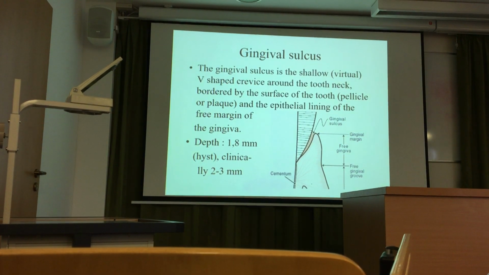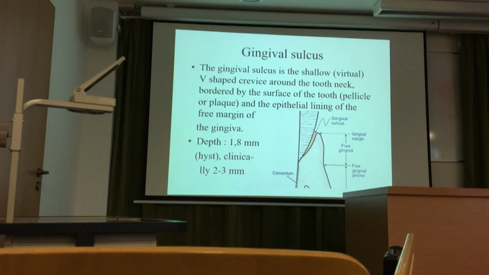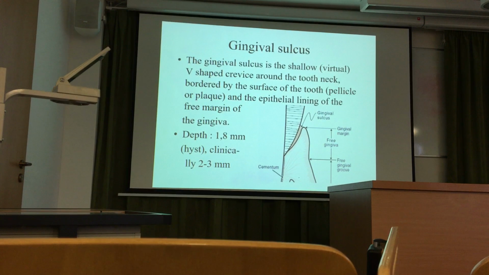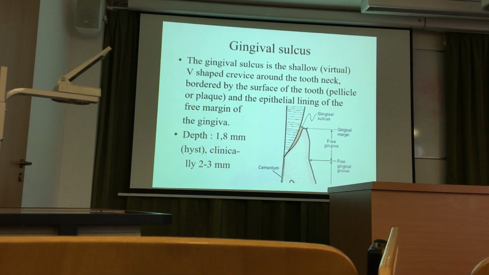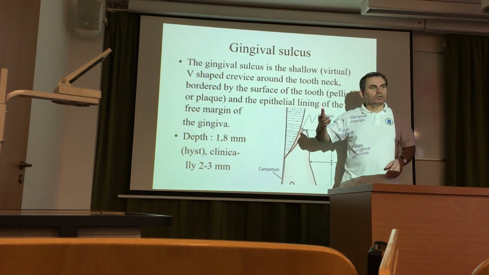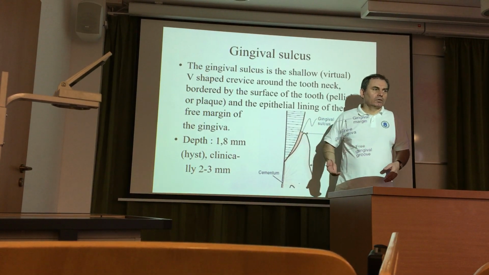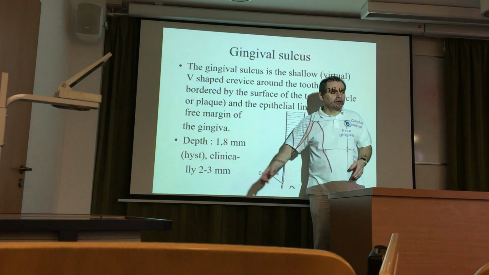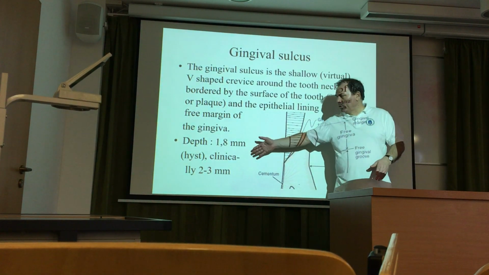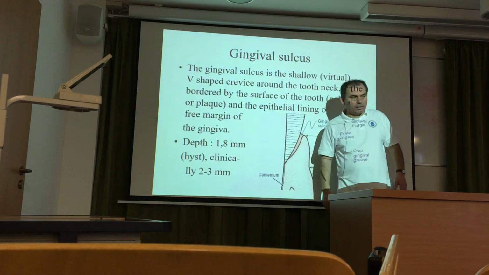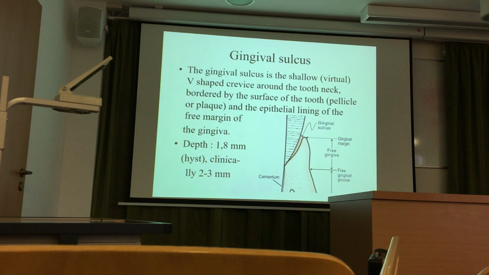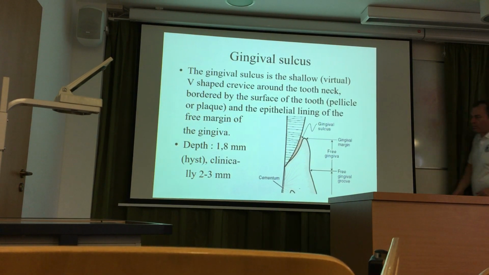So clinically, if it's more than 3 millimeters, that's a problem. Normally it's 1.8. It could be 2 to 3, but 1.8 is histological. This is just theoretical, the clinical is the one that we check. That is theoretically important, but it's not for the dentist, okay, but for you, for the theoretical exam, it would be important.